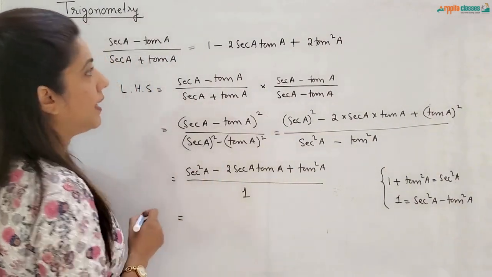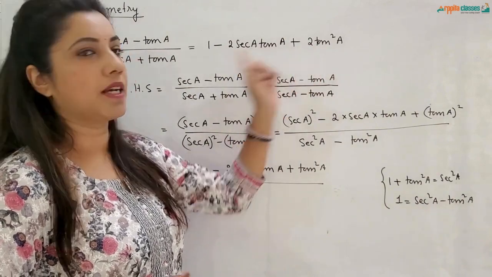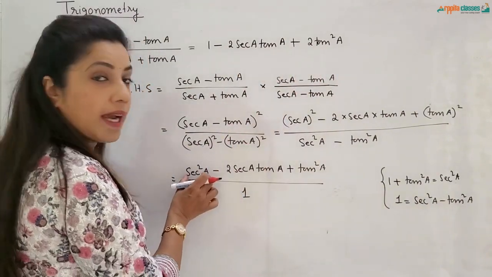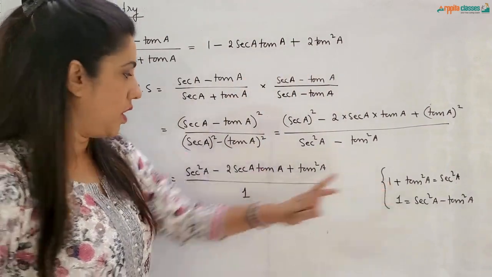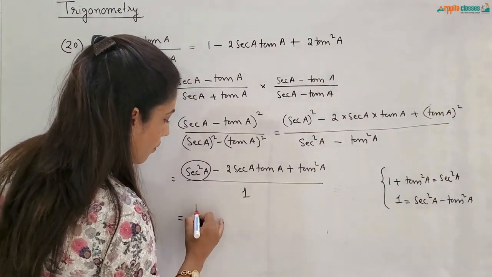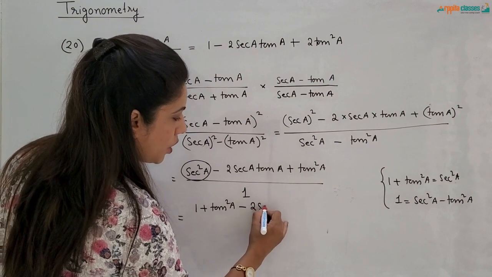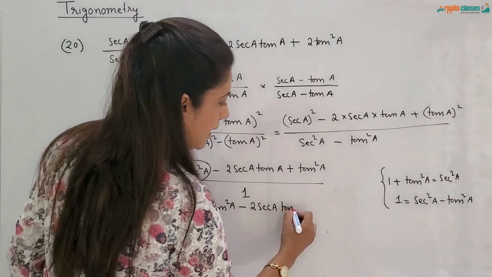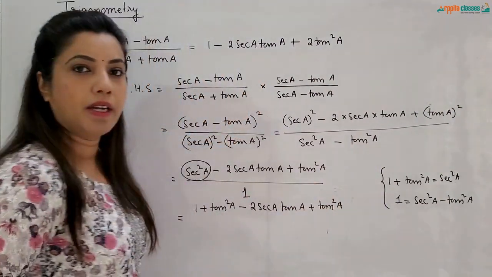Also here, on the right hand side in the numerator, we do not have sec square A. So this sec square A can be substituted by this identity. In place of sec square A, I am going to write 1 plus tan square A minus 2 sec A tan A plus tan square A divided by 1.